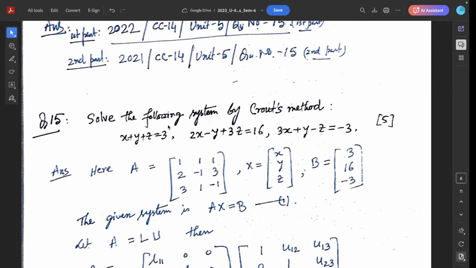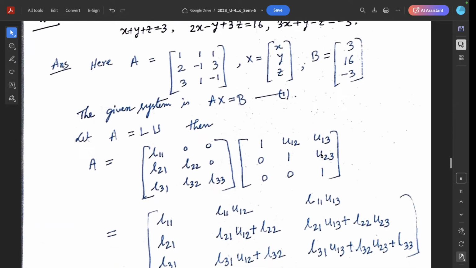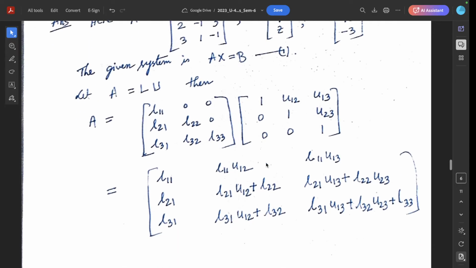Question 15. Solve the following system by Crout's method, the LU decomposition method. This system can be written in matrix form as AX = B, where A equals this, X equals this, B equals this, and L equals this lower triangular matrix and U equals this upper triangular matrix.